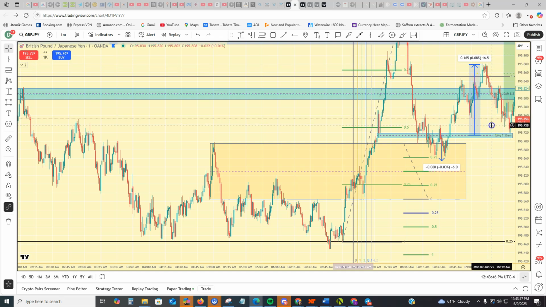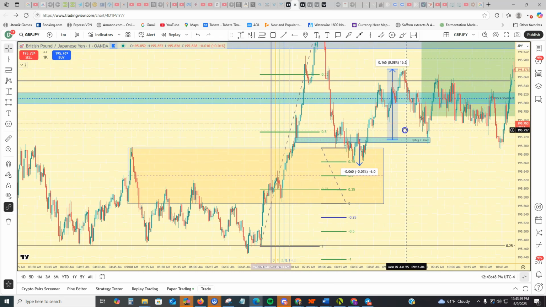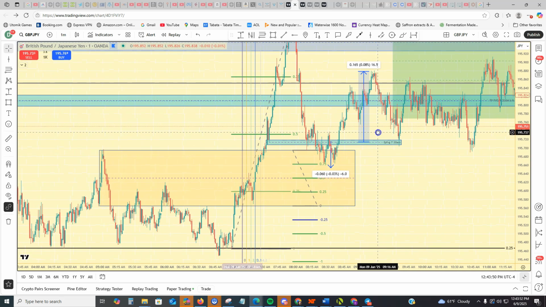This wouldn't have been successful, because the entry would have been here, and by the time it got this, oh wait, the stop loss here. The stop loss would have been brought to break even around 12, 2 to 1. This would have been a stop out.